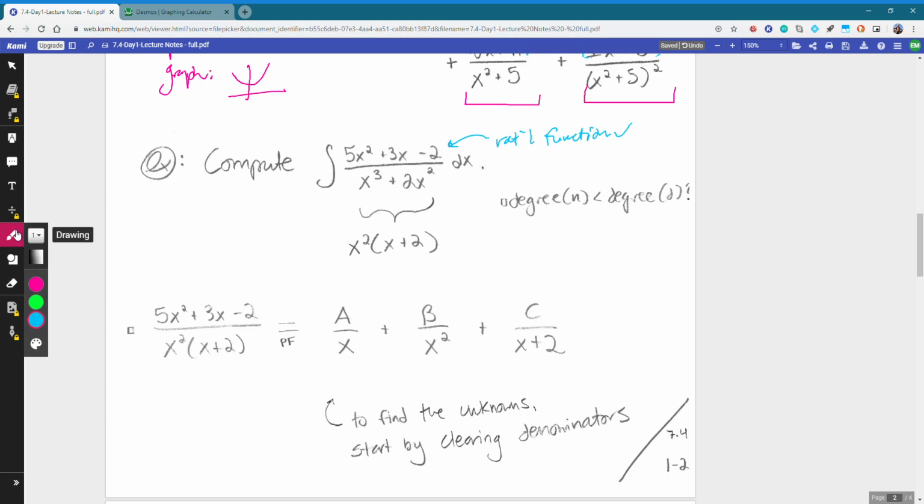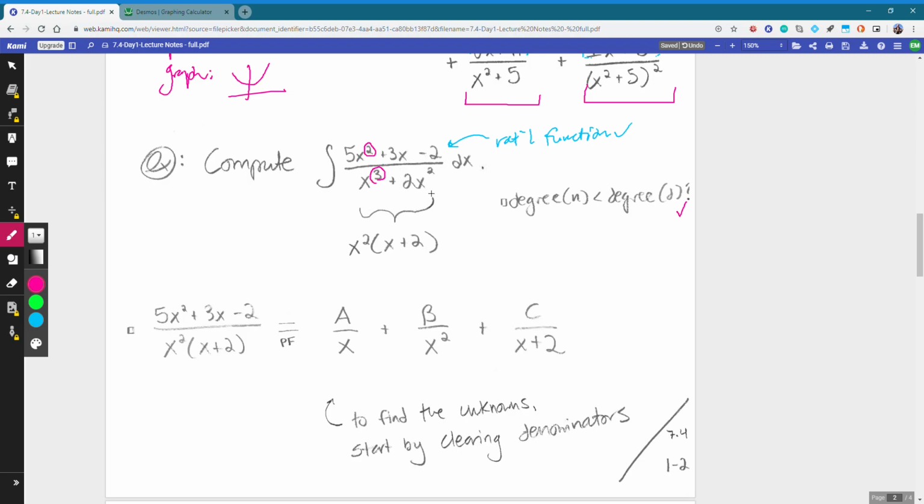And so the thing we have to check is if the degree of the top is less than the degree of the bottom, and up top the degree is 2, the bottom degree is 3, and so we are good to go. And what we'd like to do now is take our denominator and factor it as much as possible so that we can then see what sorts of terms get associated to our function on the right-hand side of our partial fractions equation.